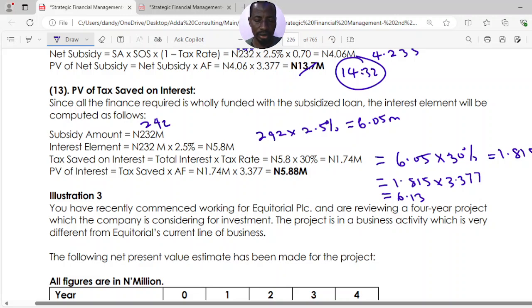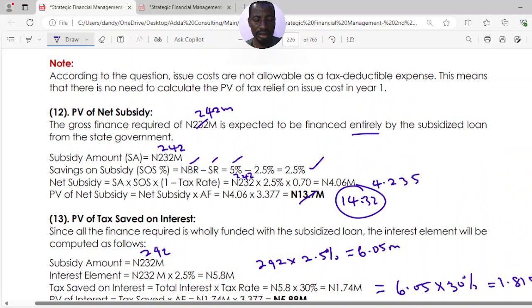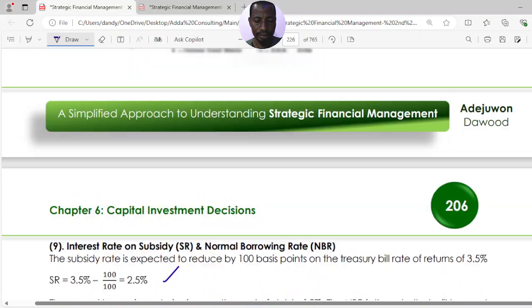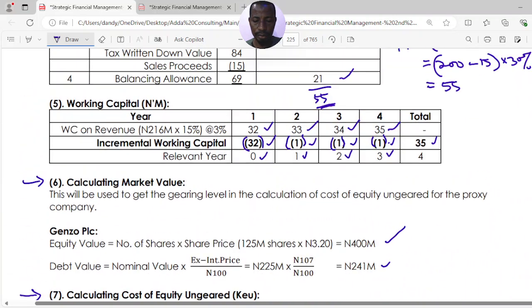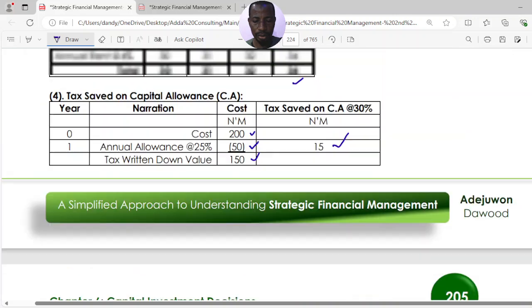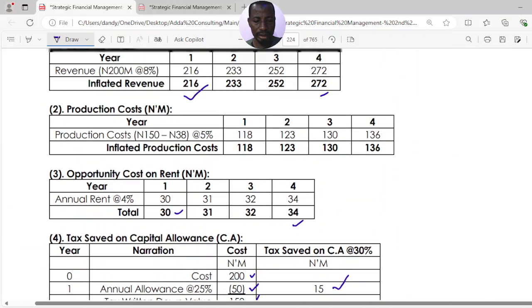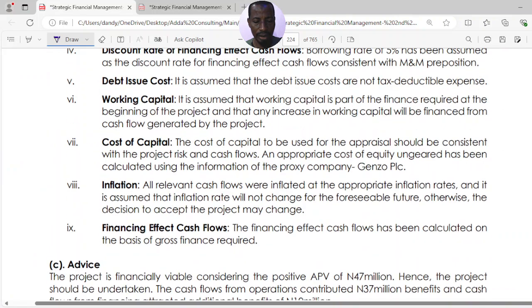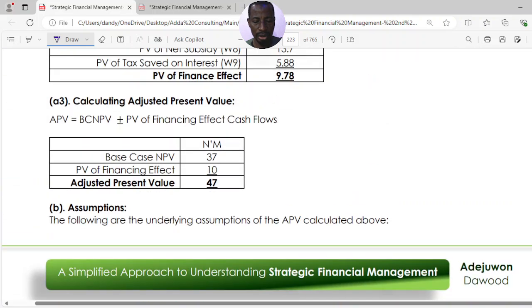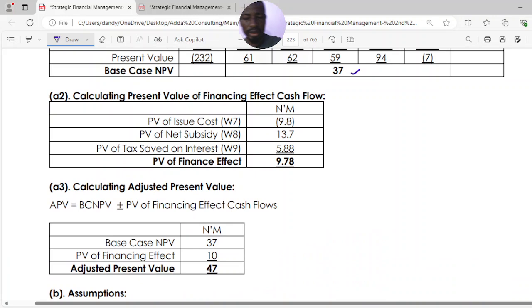So at this point, let us go and calculate the PV of the financing effects. Since I've corrected the typo error we have there, we are going to include a different number. So let's calculate by the side. This will be equal to the PV of issue cost.